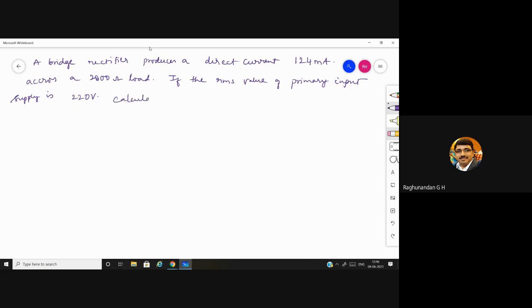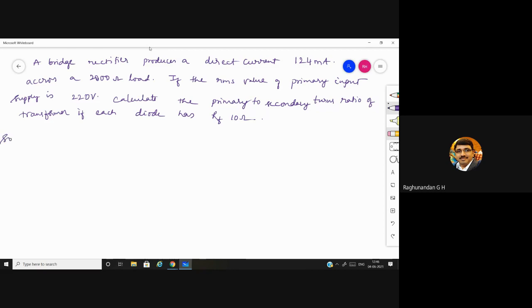Calculate the primary to secondary turns ratio of transformer if each diode has forward resistance 10 ohm. So it is a problem with respect to the turns ratio and all.